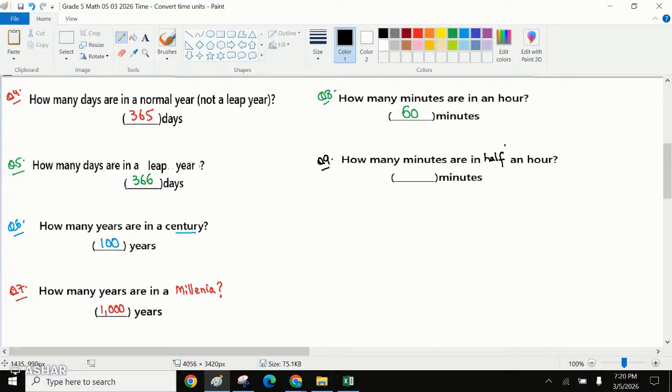Half means 0.5. How do we find half hour? That means 0.5 multiplied by hour, right? 0.5 multiplied by 60 would be equal to 30 minutes. Agreed? A half an hour is 30 minutes.